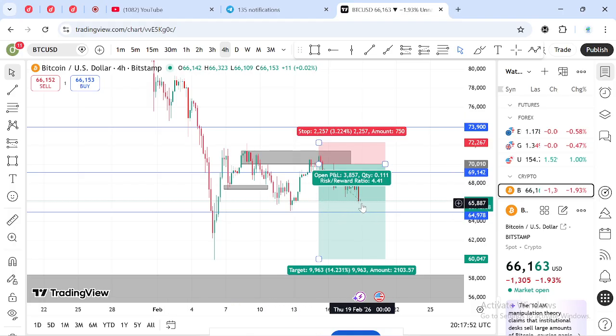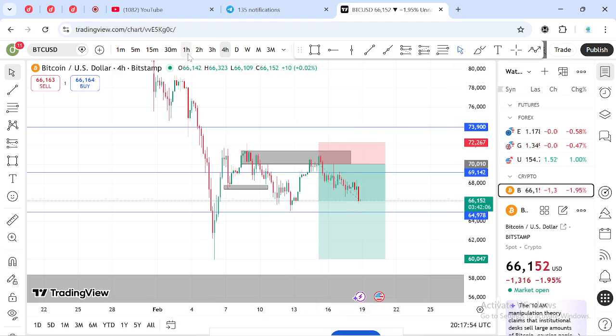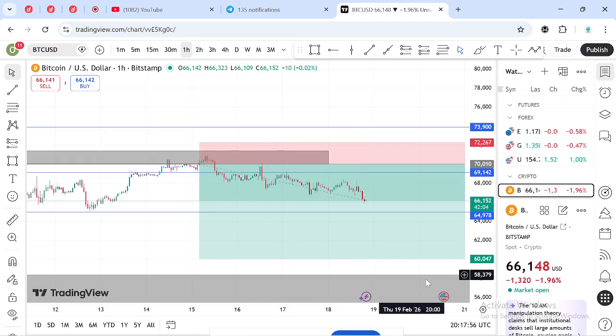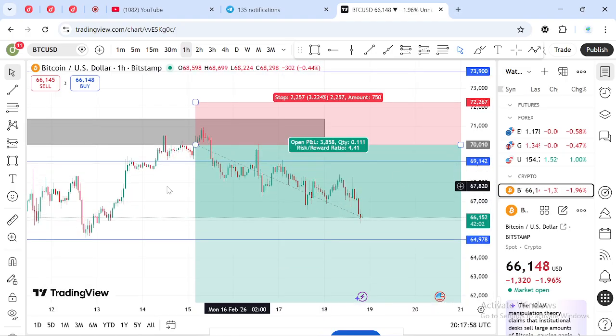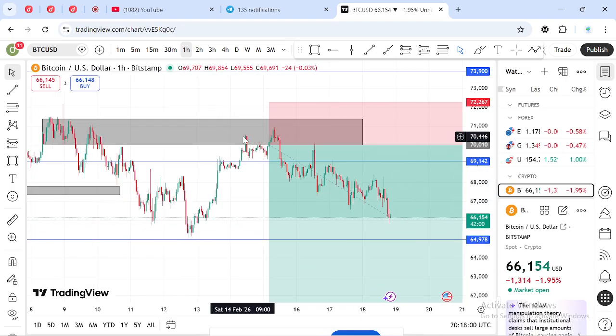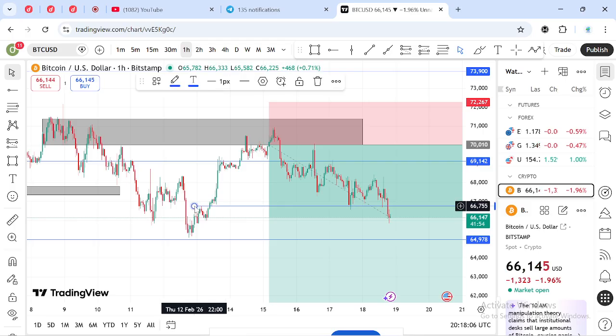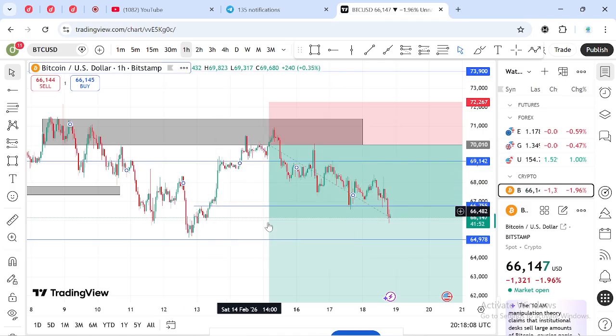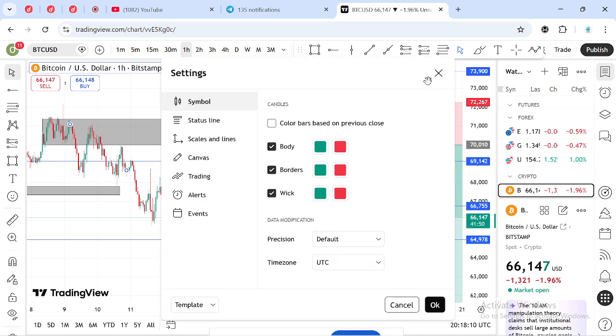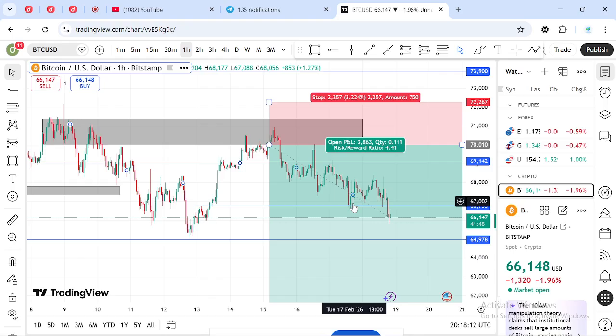What we can expect, if you want to look for an entry, is I will go down to my 1 hour time frame and mark this resistance point. I would like to see price retrace. It has broken inside this level already, which is fine. It has retraced into this point, quite alright.